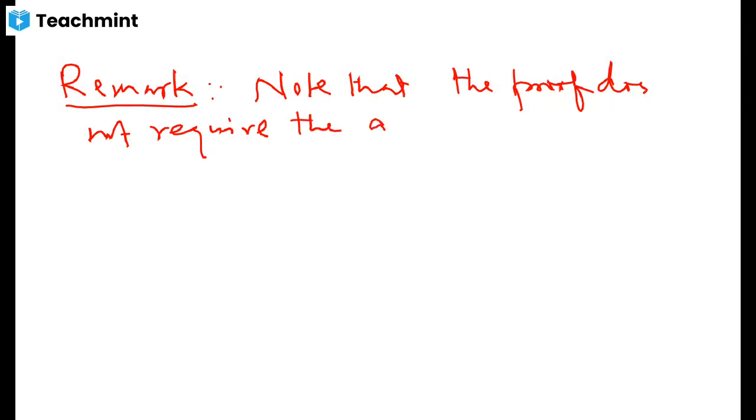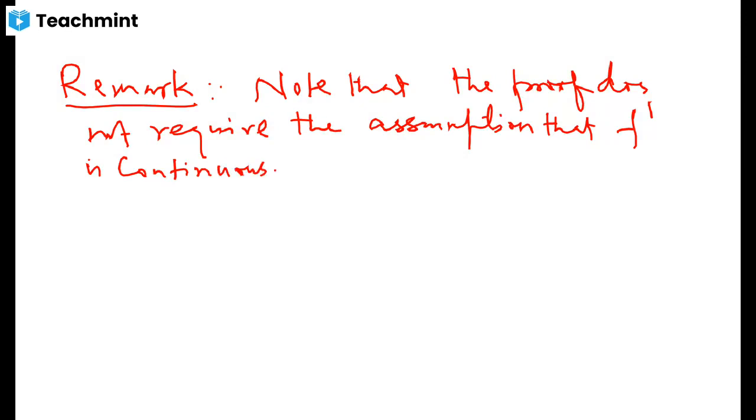the assumption that the derivative of the analytic function is continuous. If you remember in the first unit, when I was talking about the partial converse of the CR equations, we required the hypothesis that the partial derivatives need to be continuous.